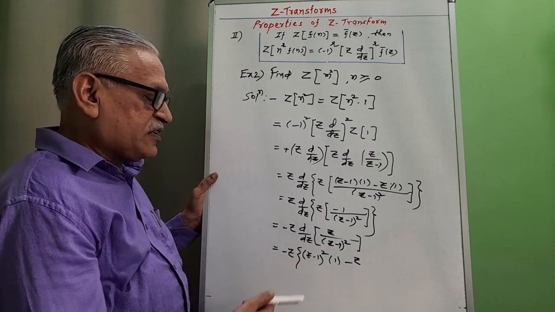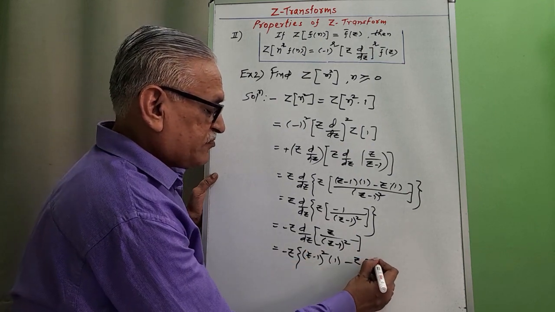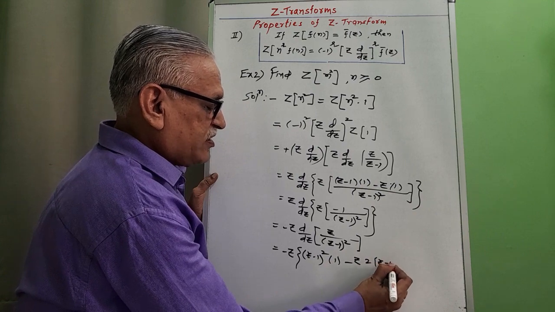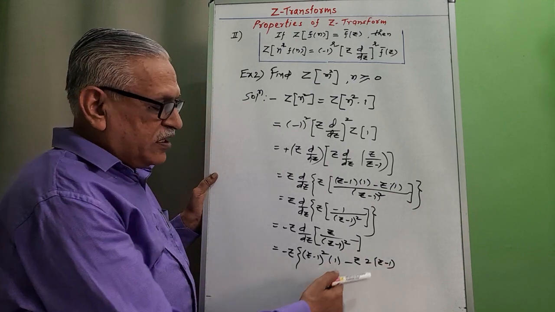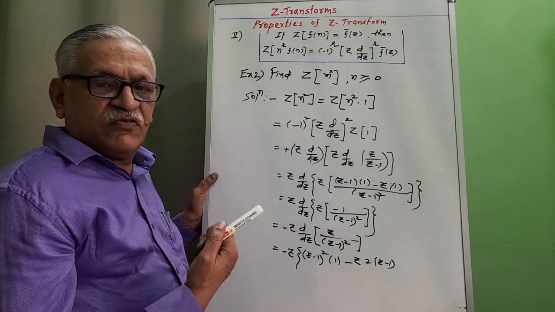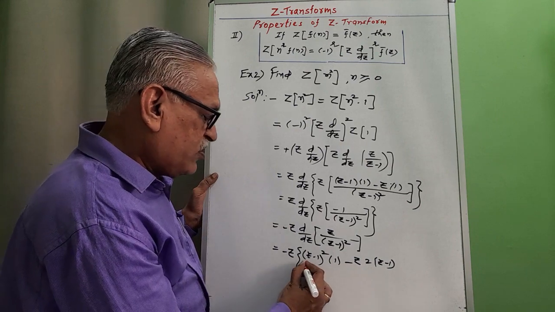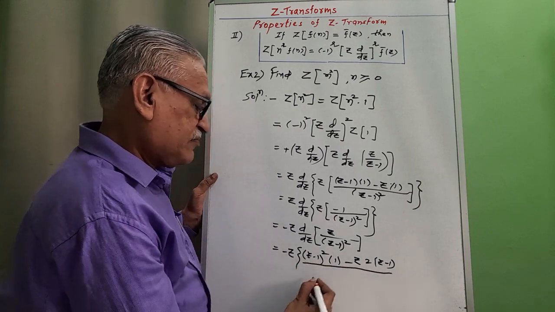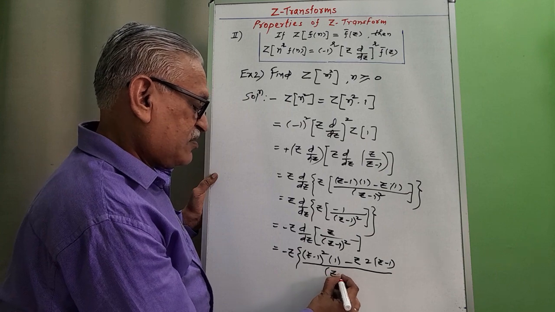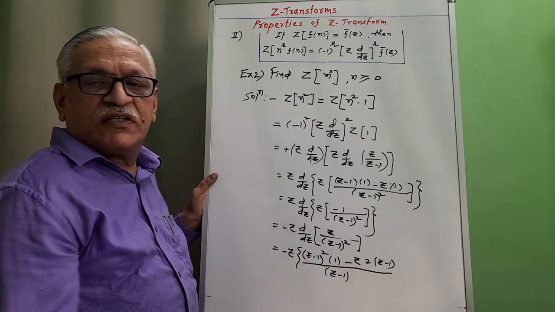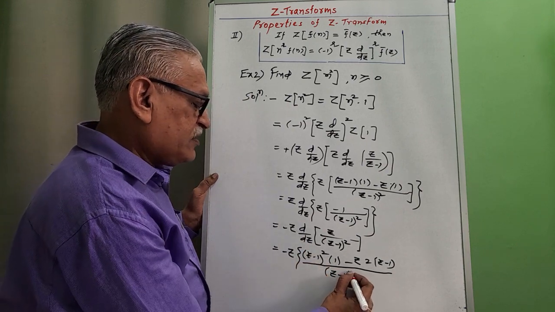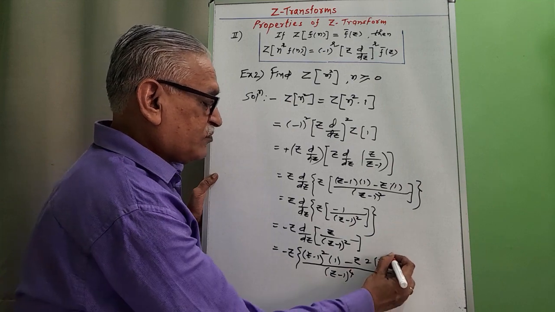Differentiation of this denominator term is 2 times z minus 1. Chain rule, differentiation of this z minus 1 with respect to z is 1 and whole divided by square of this term. Therefore, square of square, it becomes z minus 1 raised to 4.